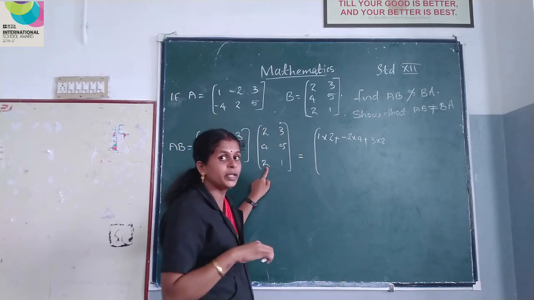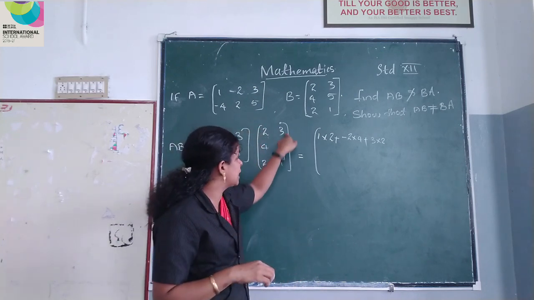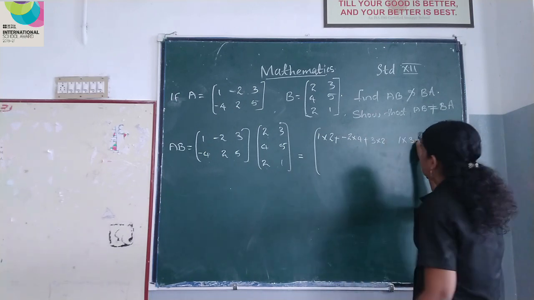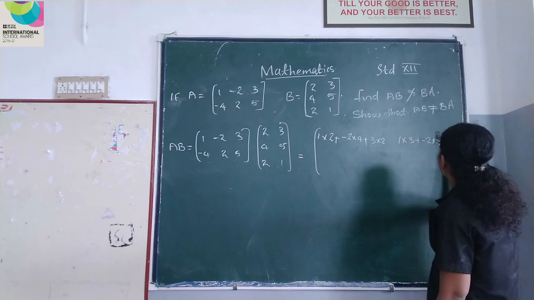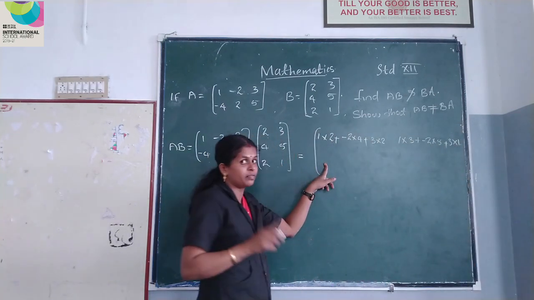Then how will you get the second element? That means first row into second column. That means 1 into 3 plus -2 into 5 plus 3 into 1. Then how will you get the second row first element?